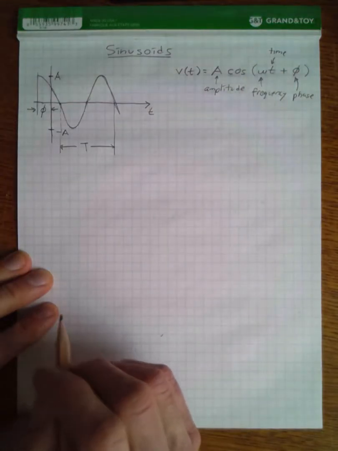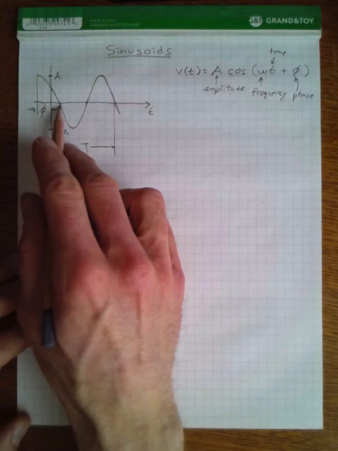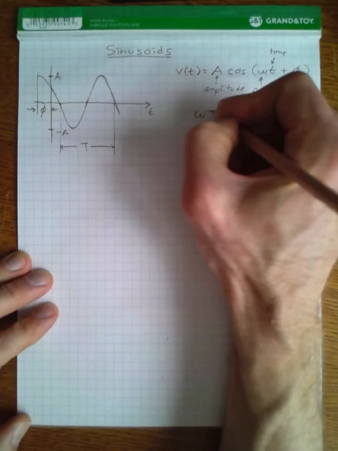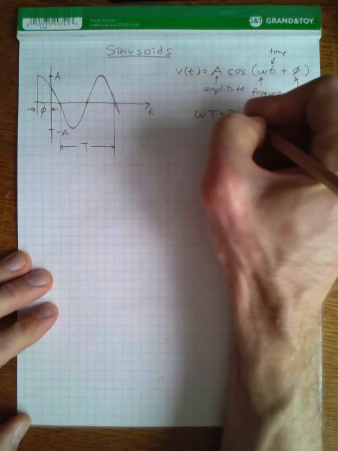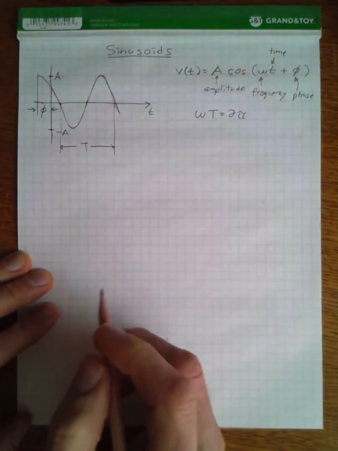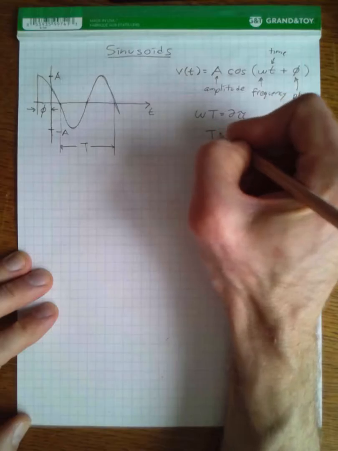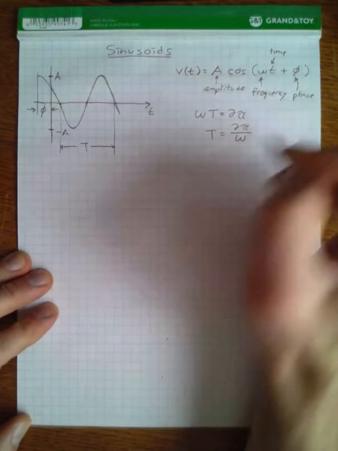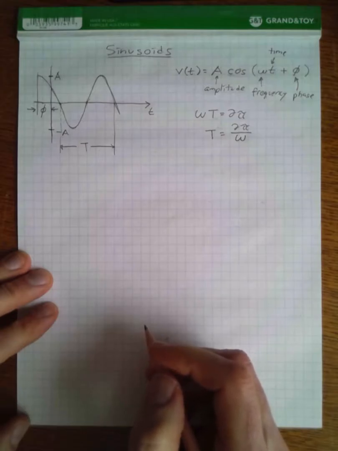And so in order for the cosine wave to go through a full cycle, the product of omega t has to be equal to 2 pi. Or in other words, the period is equal to 2 pi divided by the radian frequency omega.